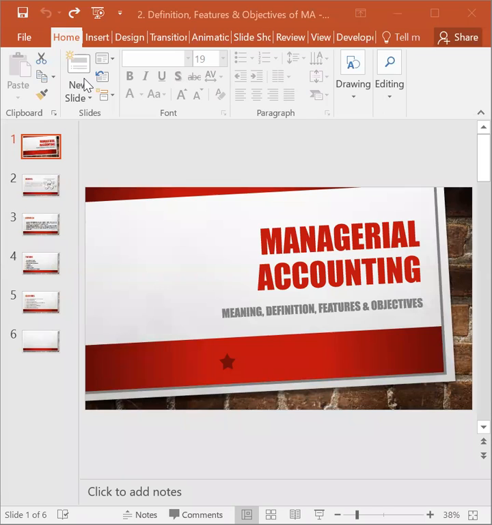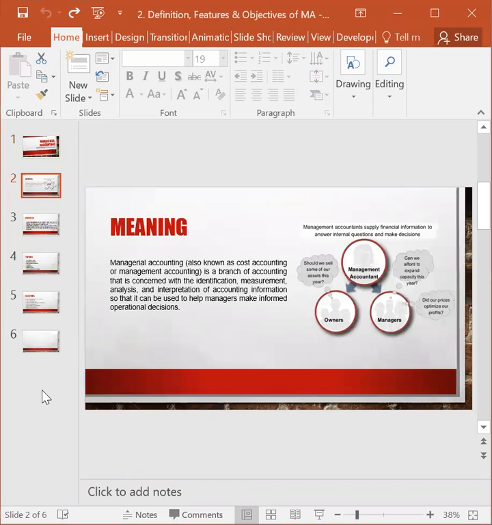Now, if you look at the meaning of management accounting, managerial accounting, also known as management accounting, is a branch of accounting which is concerned with identification, measurement, analysis, and interpretation of accounting information so that it can be used to help managers make informed operational decisions.